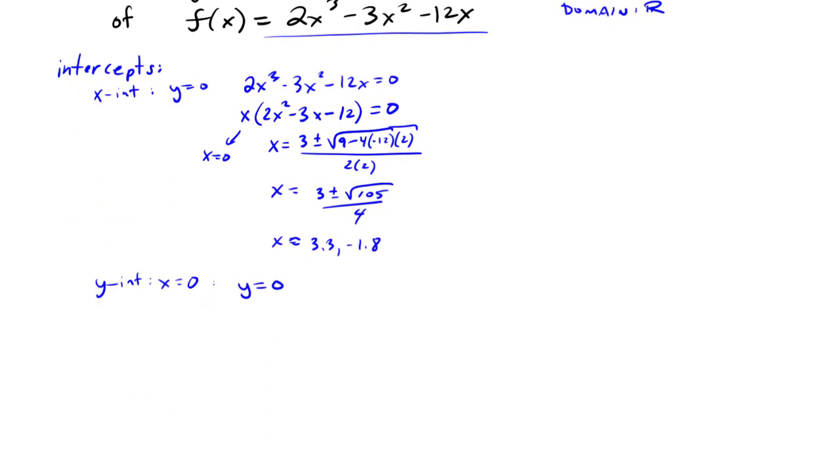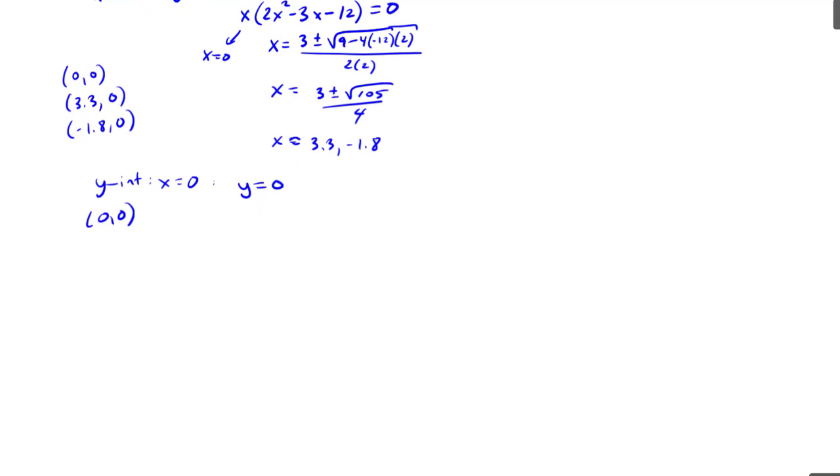So I had my x-intercepts of (0, 0), approximately 3.30 and approximately negative 1.80, and my y-intercept is (0, 0) because if I have the origin, then I have both that as an x-intercept and a y-intercept. Okay, let's go to asymptotes.